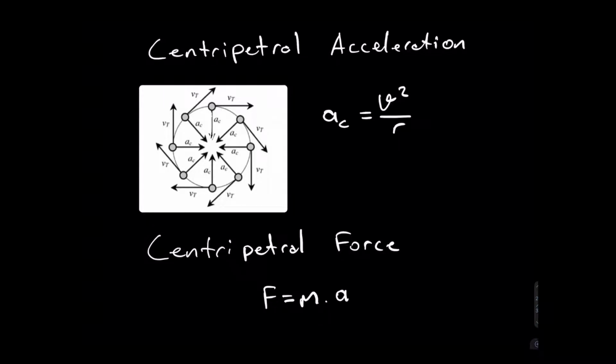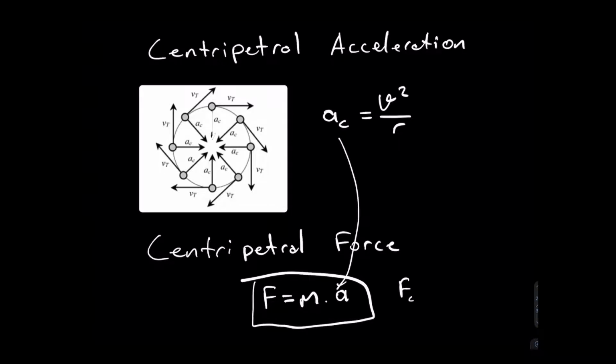As there's an acceleration, we can infer that there is a force holding the ball attached to the center. This can be your hand or anything the string is attached to. Centripetal force is calculated with Newton's second law. We have the acceleration just here, so the centripetal force is going to be mass times the acceleration, which is v squared over r.